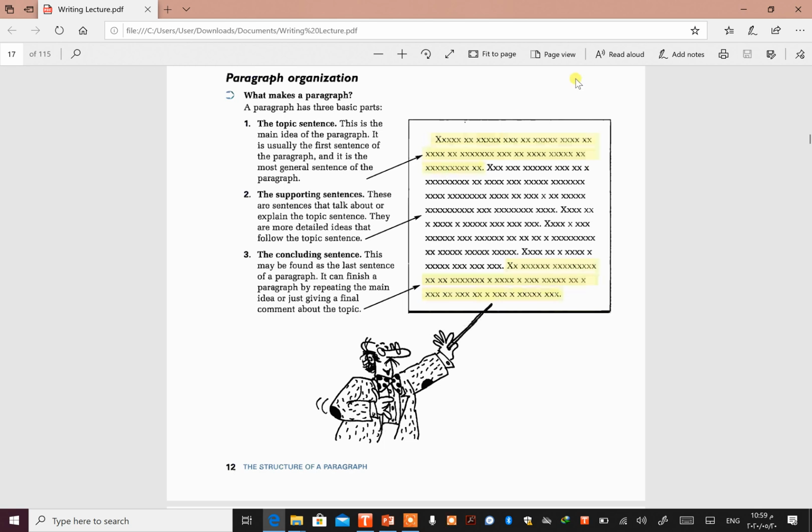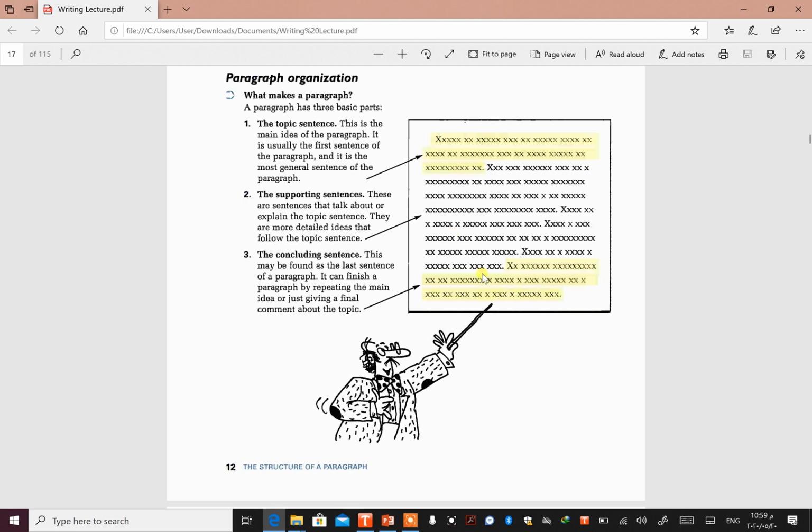And of course, every time you provide reasons, you will likely add examples, because examples support the details that you provide.